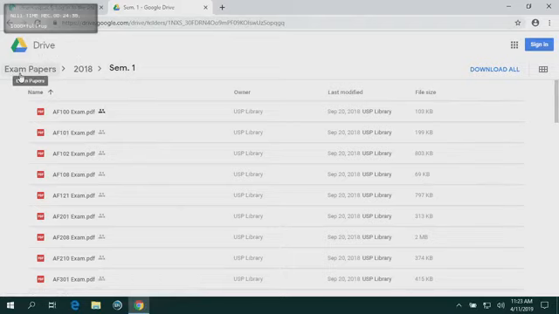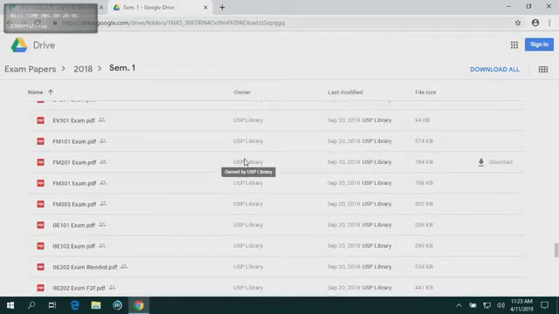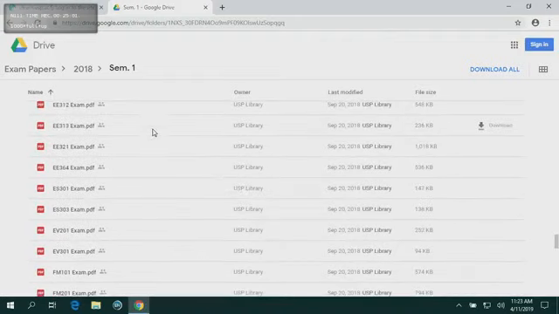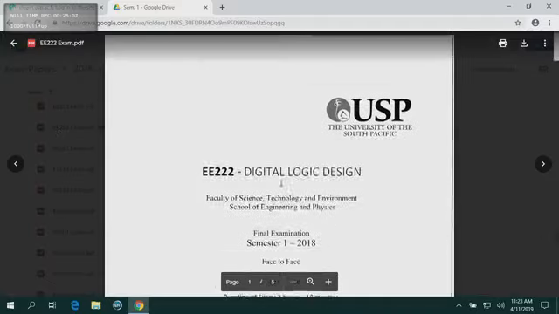Oh, right, set, okay. How do we search this? Oh, just scroll down, right? Right, this is last year's paper.